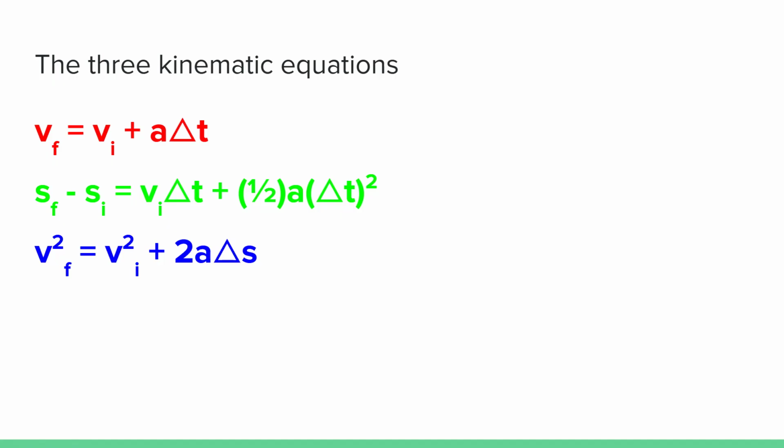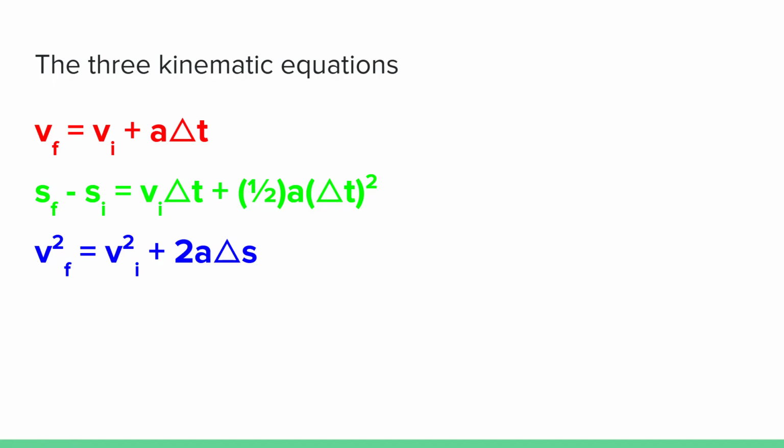These three equations would be very useful to memorize, but check with your specific situation whether or not you have to. You might be able to just have a formula sheet, but it's also just good to remember these. So if you've taken AP Physics before, you probably remember these.